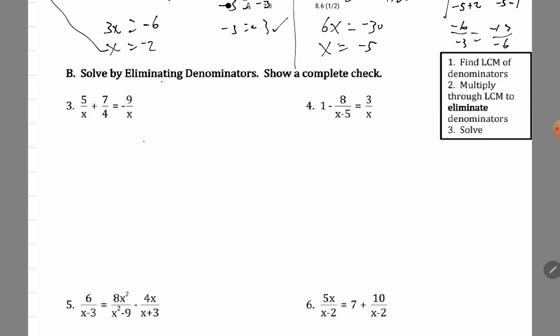So first we're going to find the LCM of our 3 denominators. So we have x, we have 4, and we have x.